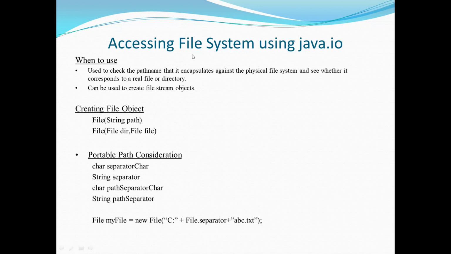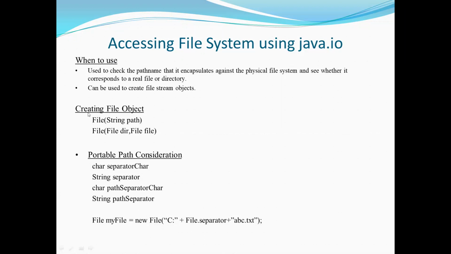Whenever the term stream comes, it means that you are going to perform reading and writing operations. So this can be used to create a stream to perform input output, but the main purpose is to use the file system as described. So how to create the object of the file?